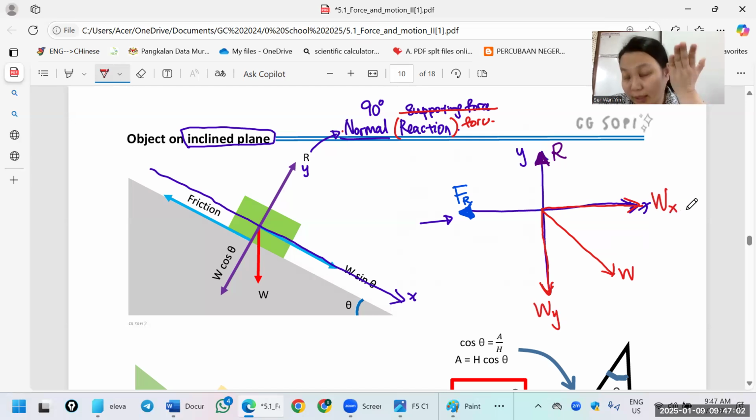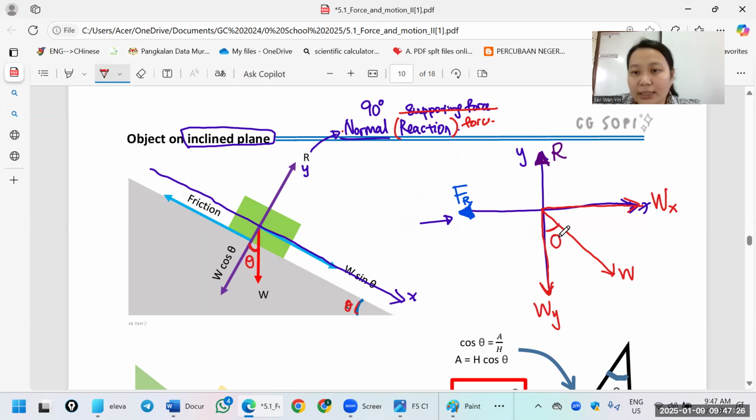Weight is a force. Then if the angle of the incline is theta, in this case the inclined plane tilted 40 degrees, it will exist here also. This is theta.